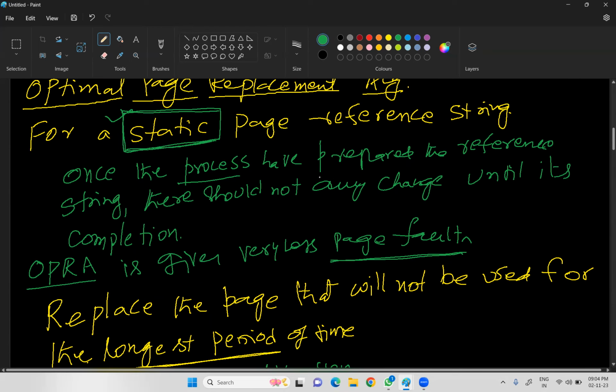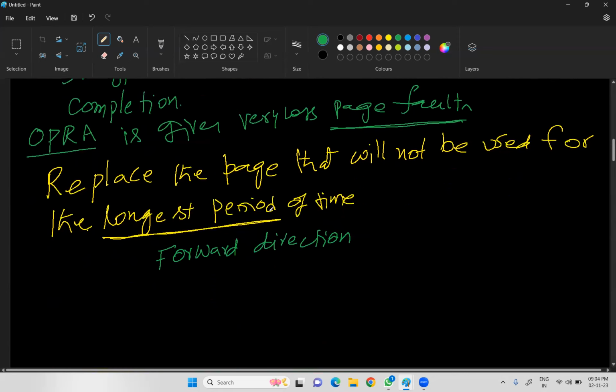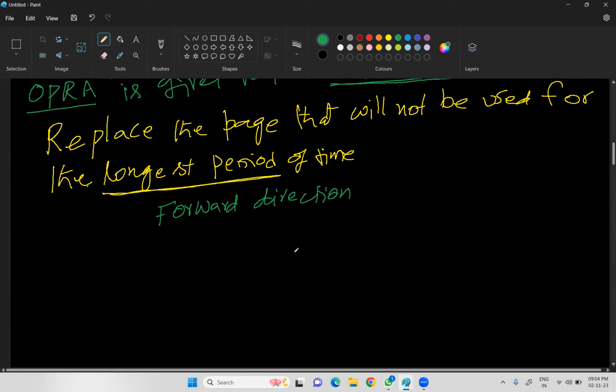Once it has been prepared, these are the pages which are going to be loaded and executed, in this order, with no change until completion of that process. Because there is no change, in the forward direction, the page which is not supposed to be used for the longest period of time is going to be replaced. That is the point I'd like to make here.